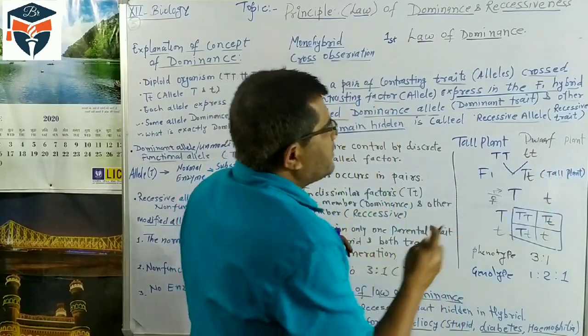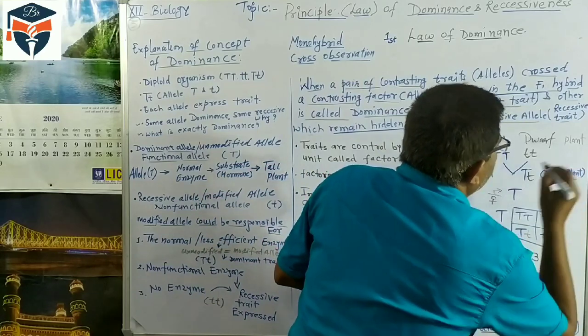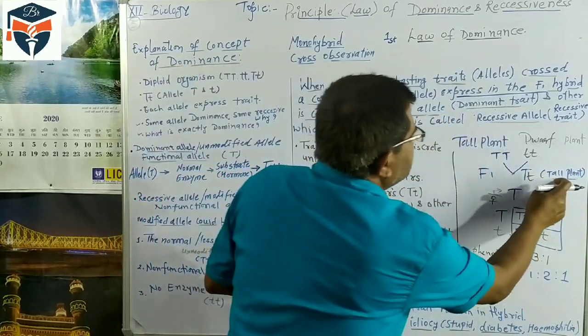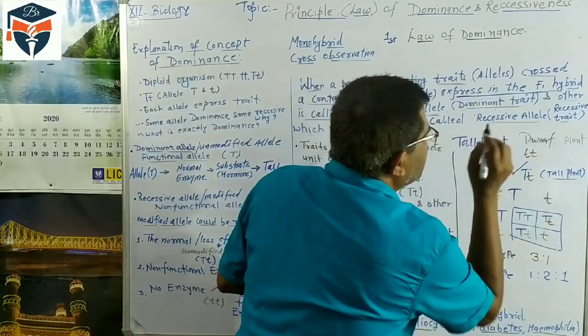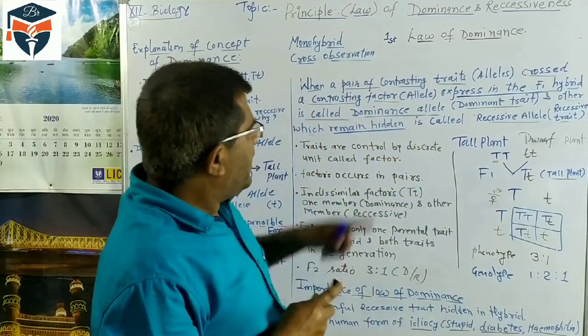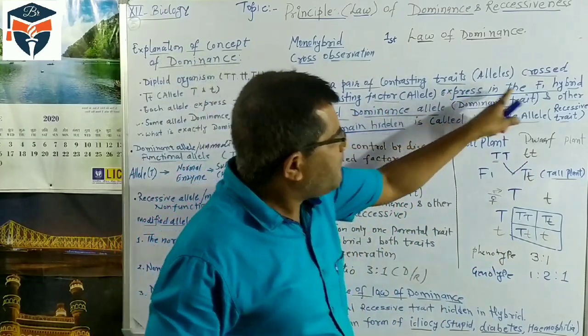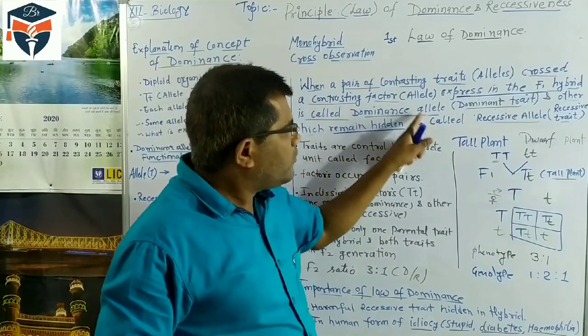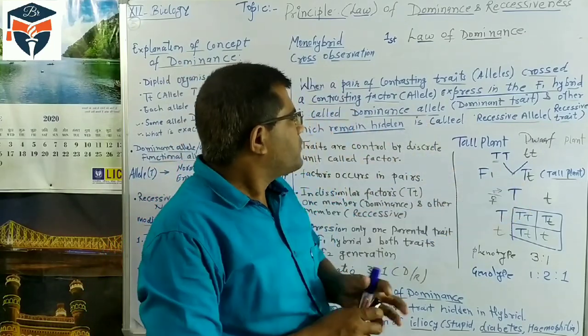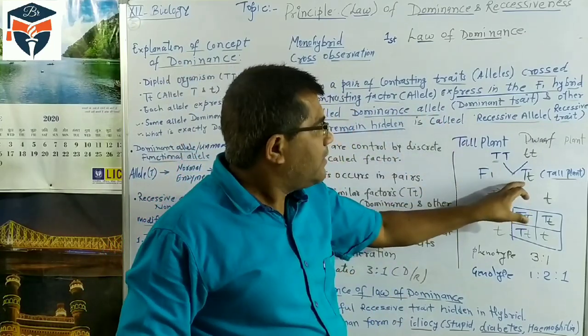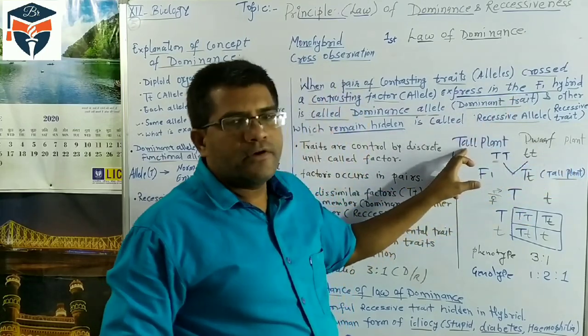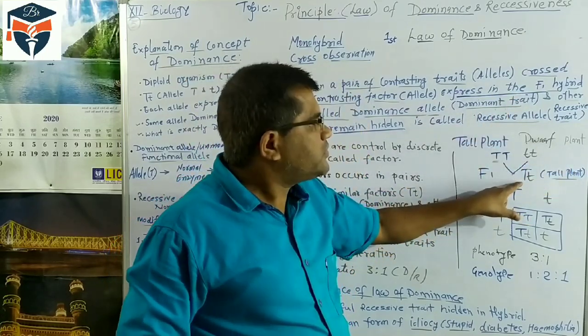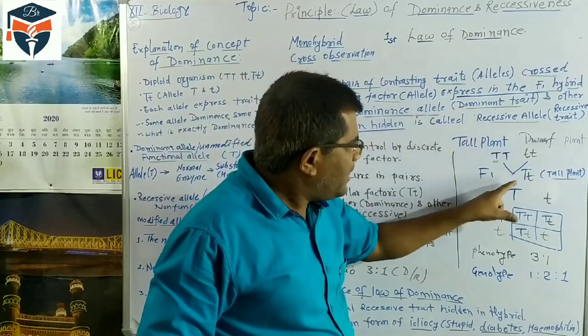Tall plant is the expression of allele T. So the allele expressed in the F1 hybrid is called the dominant allele. Capital T is the dominant allele and the dominant character is tall plant.